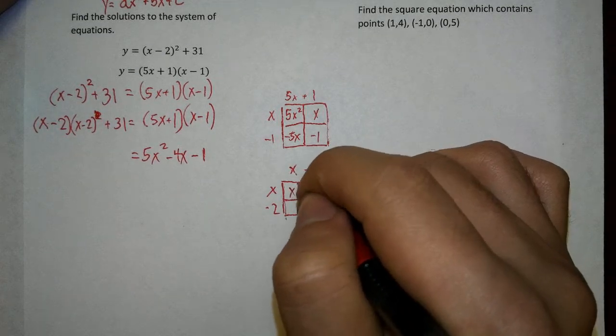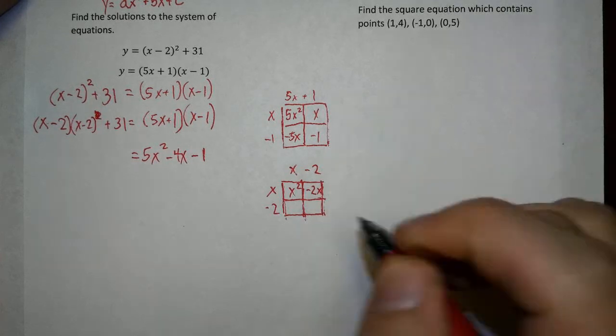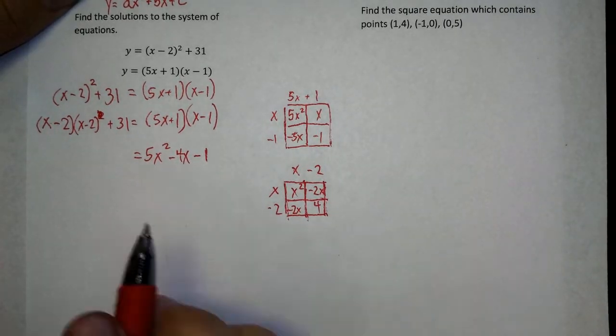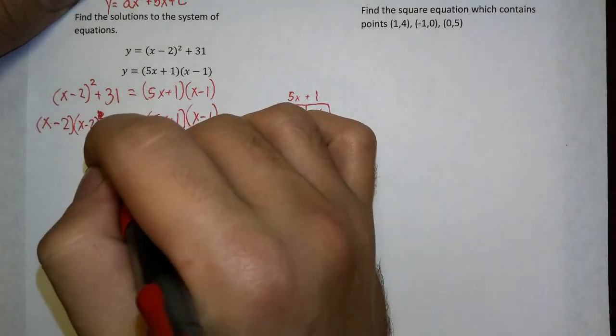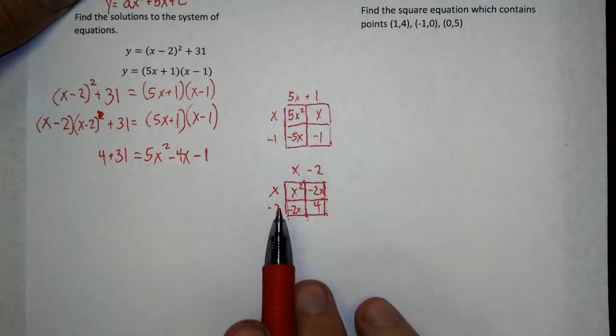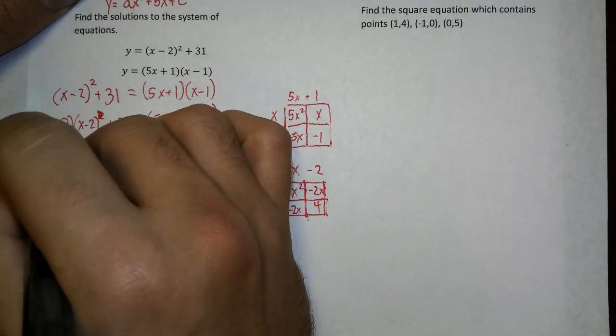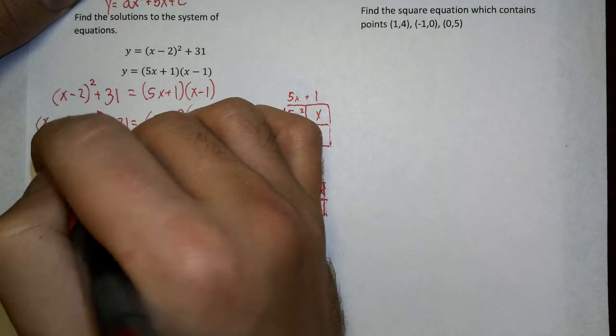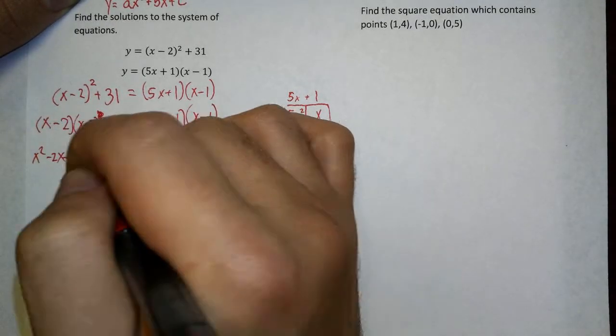Doing the multiplication, we have x squared, -2x, -2x, and 4. And this side I will not combine the like terms in my head. I will write them out for you guys. We have x squared, -2x, -2x, and plus 4.